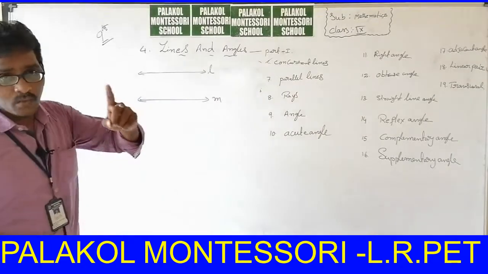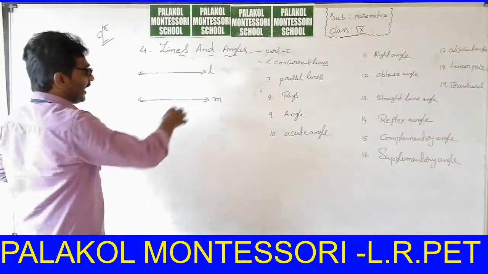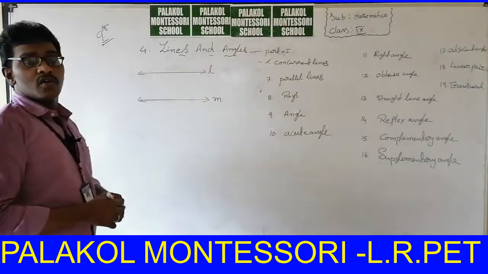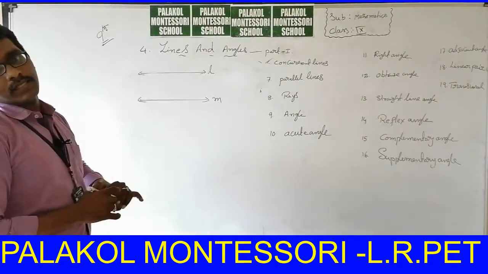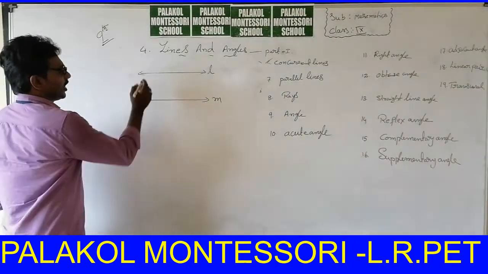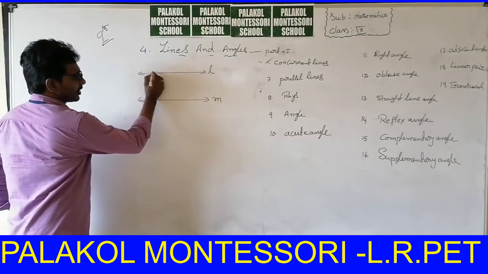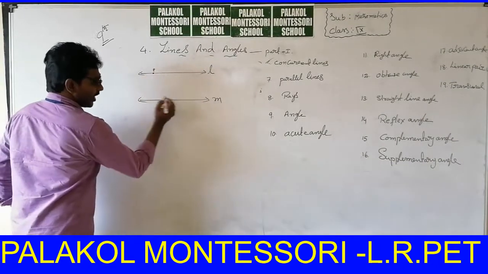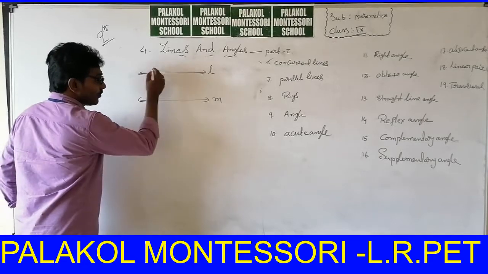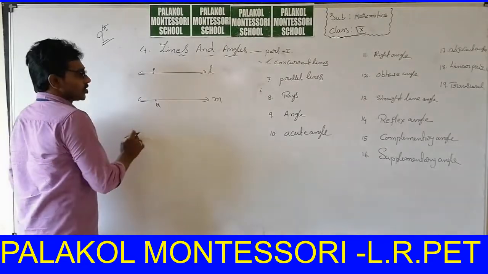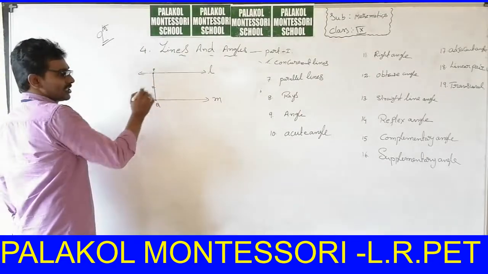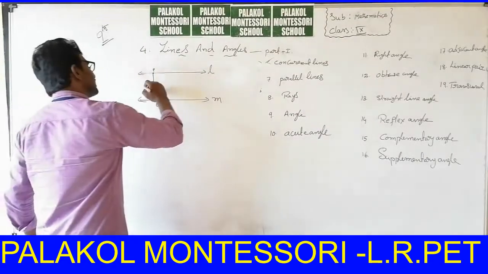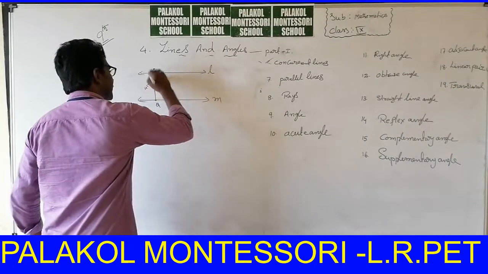And one more point: they maintain equal distance at any 2 points of those lines. I mean, I select one point P on one line and another point on the same position of M. Join these 2 points, it forms some distance. Suppose this distance is equal to 4 centimeters.